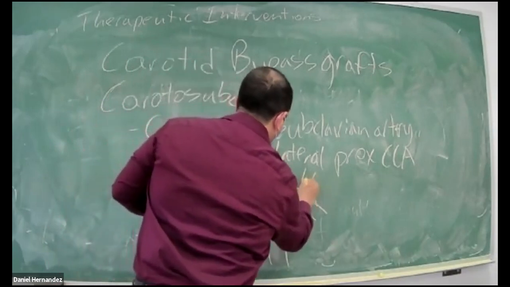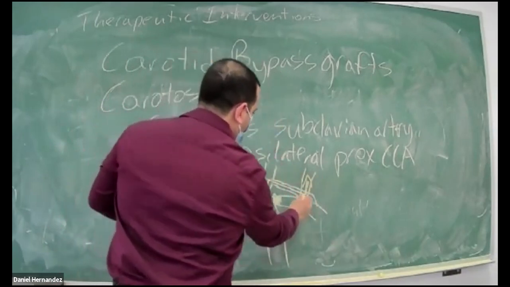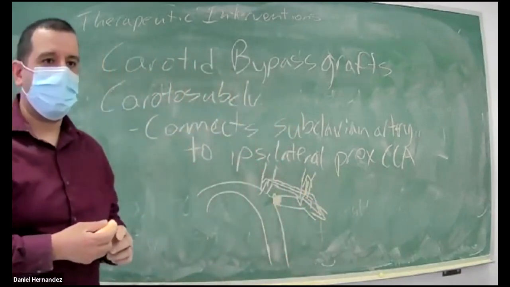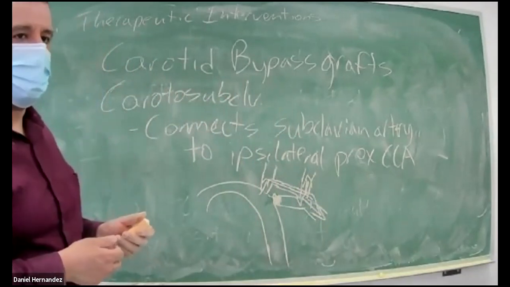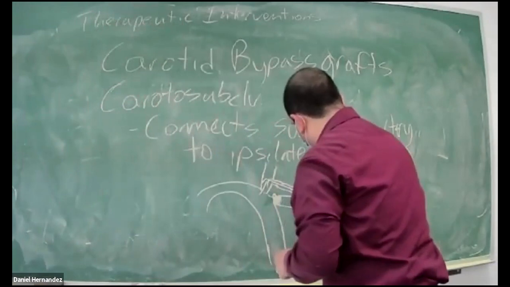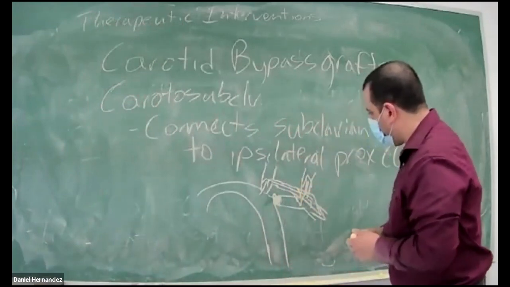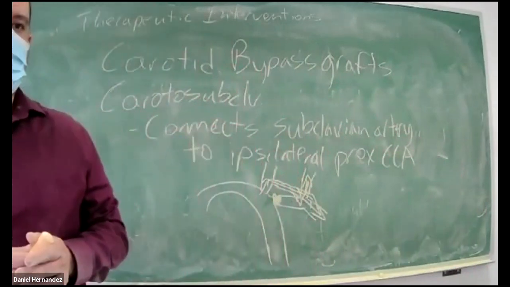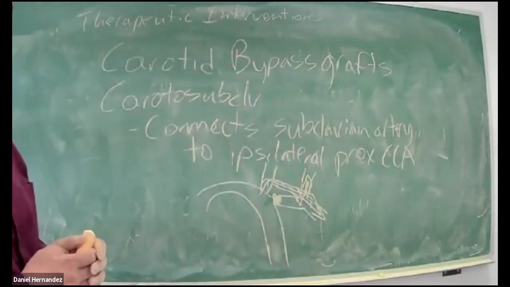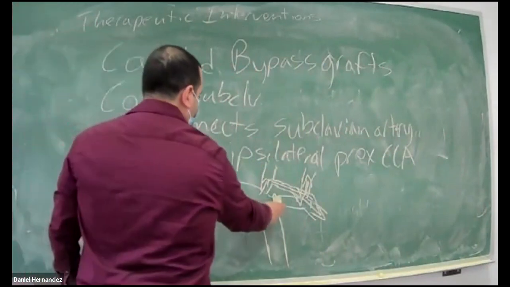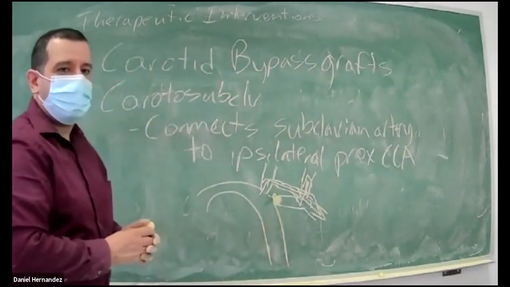So now we can feed the vertebral and the subclavian arteries. So it can be used to restore flow to the subclavian and vertebral arteries in cases of proximal subclavian stenosis.